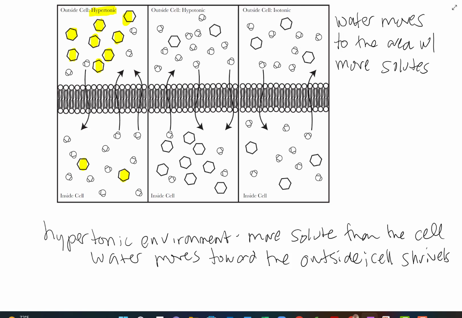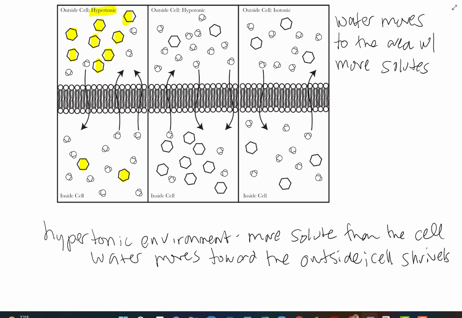Your cells will lose water because water is going to move towards the salt. So a hypertonic environment has a lot of solute, think like a lot of salt or some type of substance dissolved in it. Think somebody that's hyper, think they've got a lot of energy. Think hypertonic, a lot of solute.